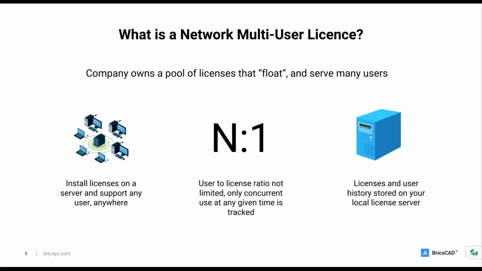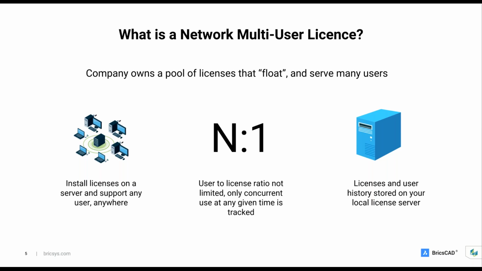And the only thing that matters is that only the maximum number of users can be in at any one time. That's controlled by a license server. It's installed somewhere inside your own firewall, resides on the company's own machinery, and the storage and usage information is all stored there locally at that license server. So it's simply a simple way to control your license and usage and control your licensing cost.